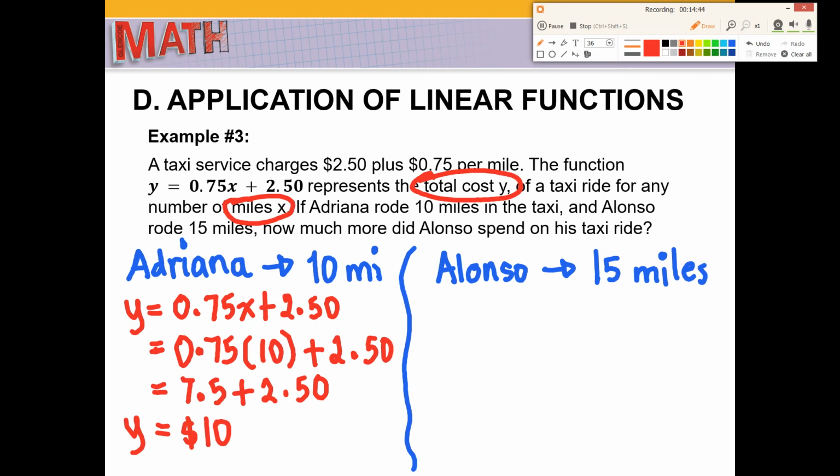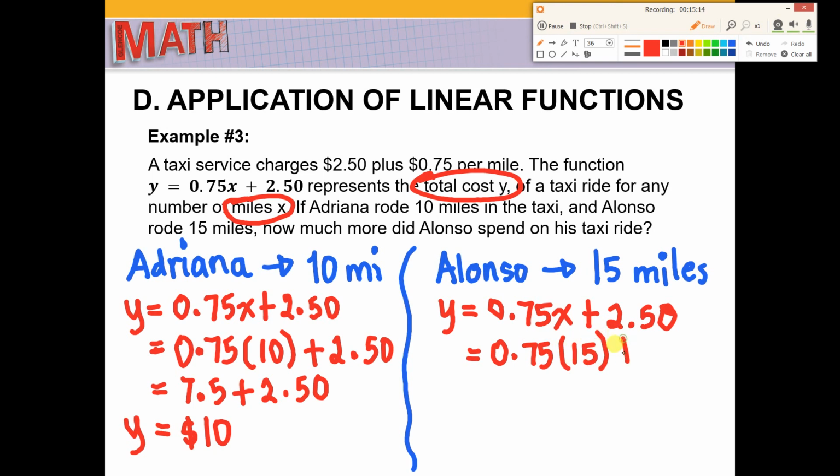Now let's compute for how much Alonso paid. So we have the equation 0.75x plus 2.50. Okay, now we have to substitute x with the number of miles, which is 15. So we will have 0.75 times 15 plus 2.50.